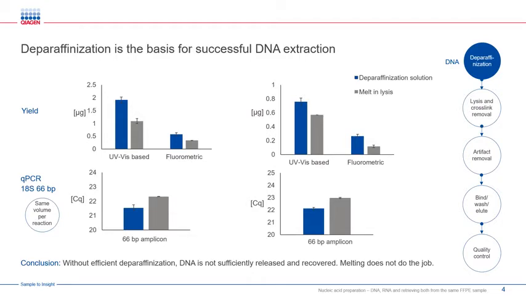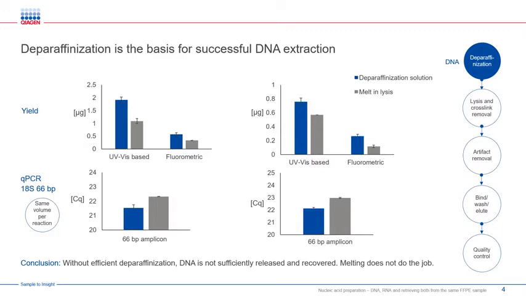So you need to be careful and mindful of the methods you use and how they compare to other methods. What you can also see is that for both methods, we're getting quite a bit higher yields if we use the deparaffinization solution to really separate the paraffin efficiently compared to just melting.